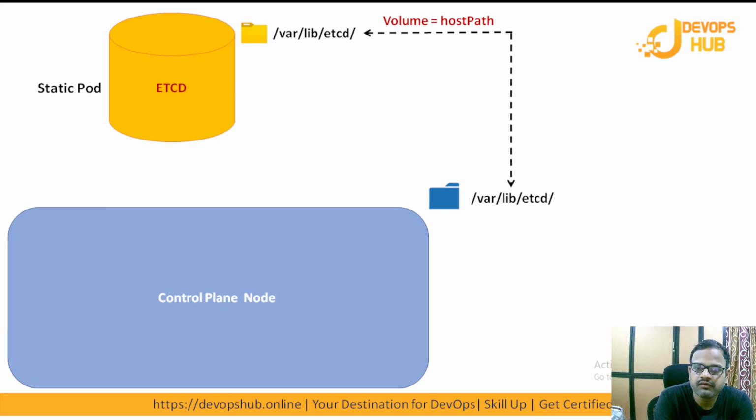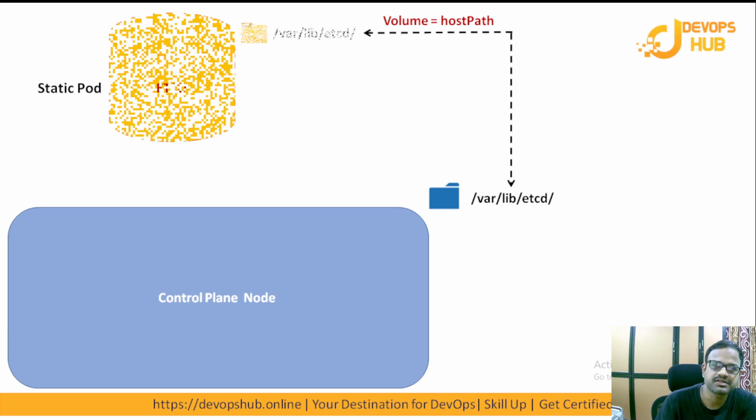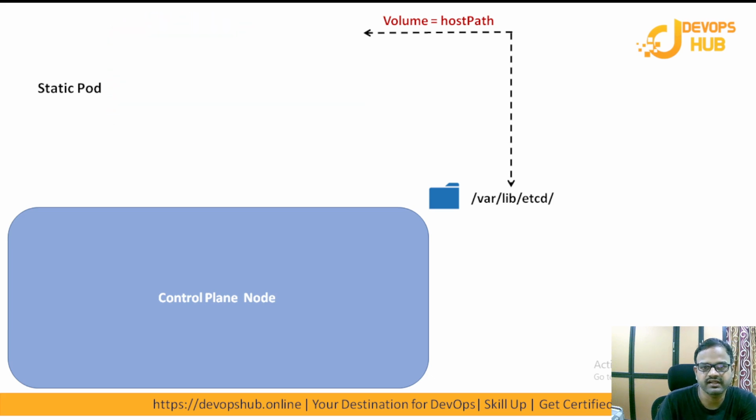That means whatever things are happening at container level will be a part of the control plane node at /var/lib/etcd.